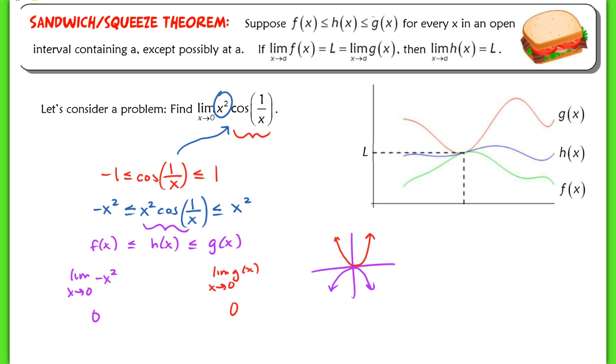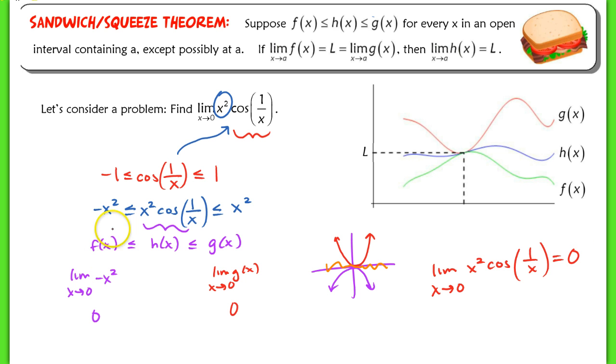Now that function x squared times the cosine of 1 over x, I might not know what it looks like, but I do know that it's trapped between g of x and f of x. So that means the limit of x squared times the cosine of 1 over x as x approaches 0 must equal 0.